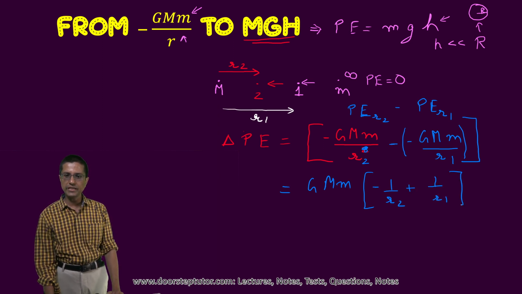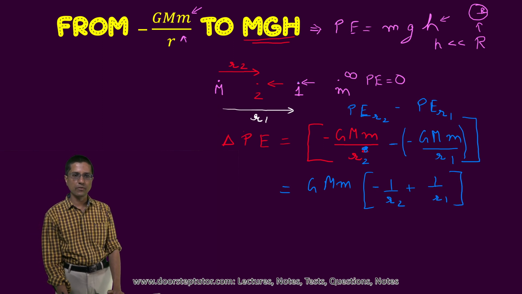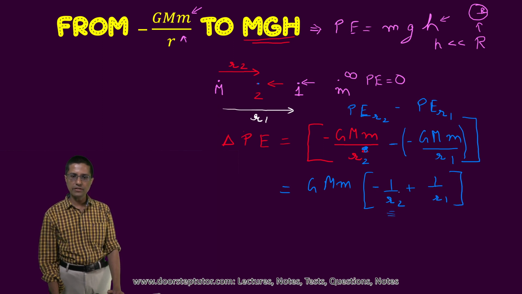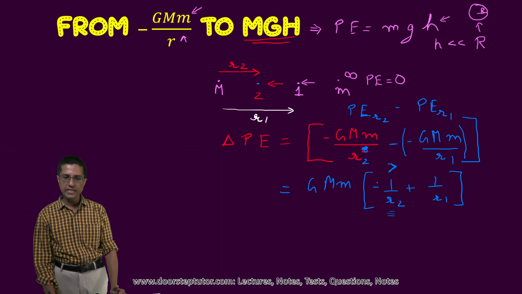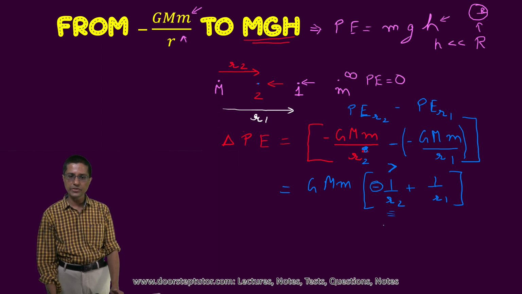Notice one thing here: as I go from 1 to 2, this r2 would be smaller, which means that this 1 by r2 would actually be larger, which means that this negative would be larger than the positive. So this quantity would come out to be negative.